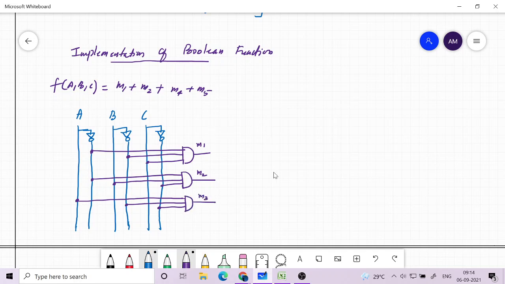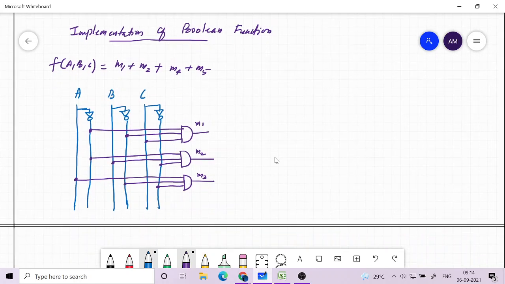And m5 is A, B bar, C. This is A, then B bar, and then C. So that is m5. So we have generated m1, m2, m4, m5.